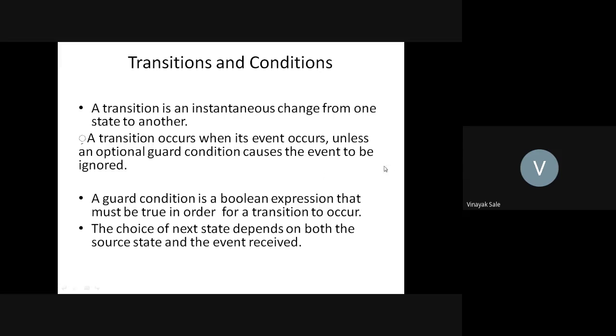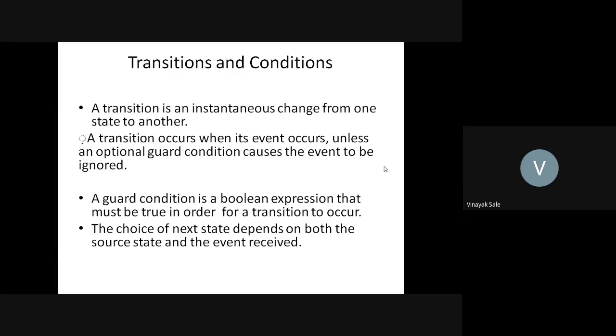Next, transitions and conditions. A transition is an instantaneous change from one state to another state. A transition occurs when its event occurs, unless an optional guard condition causes the event to be ignored.